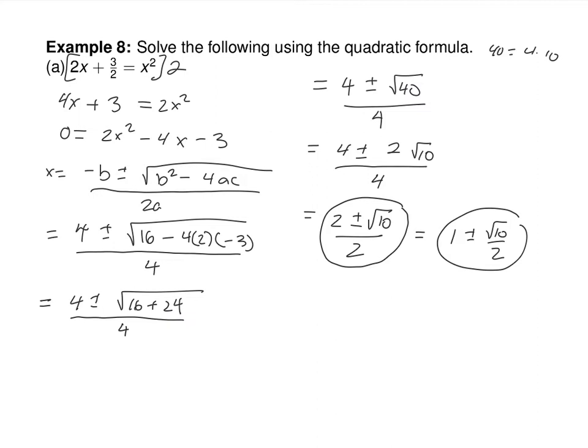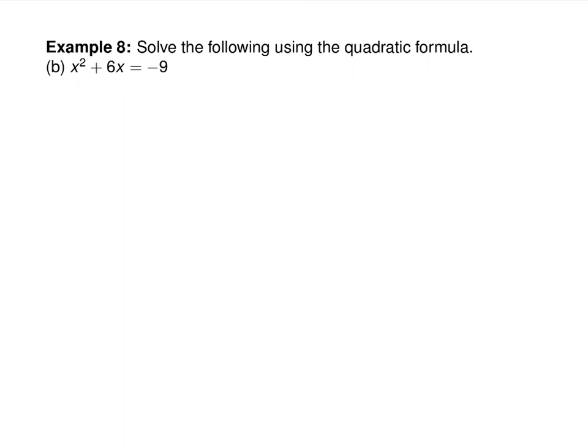Okay, I know that part B in example 8 factors, but I want to point out what happens when you do the quadratic formula on this. So this is the same thing. If you're going to use the quadratic formula, you have to have it as an equation equals 0. So x squared plus 6x plus 9 equals 0. So, stick a, b, c in it: negative b plus or minus the square root.